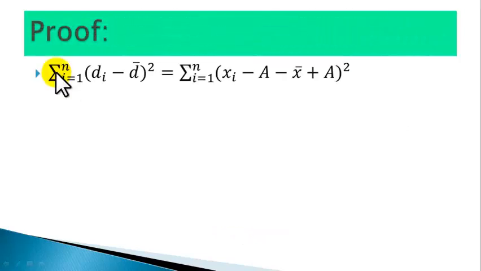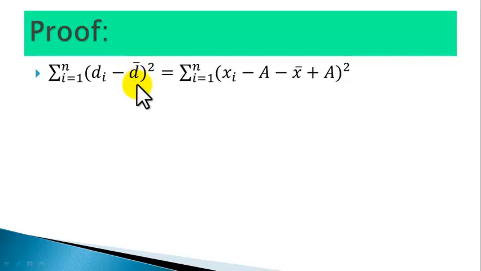Proof: sum of squares of di minus d bar as i goes from 1 to n is equal to sum as i goes from 1 to n of, in place of di you put xi minus a, and in place of d bar it is x bar minus a.